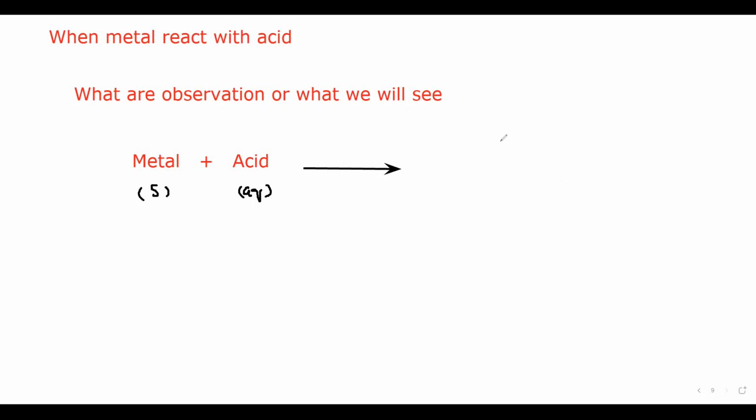Now acid plus metal will give salt plus hydrogen. The salts produced here are normally soluble, aqueous or dissolved salts, and hydrogen is a gas.